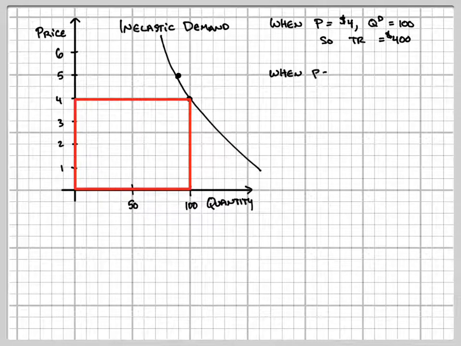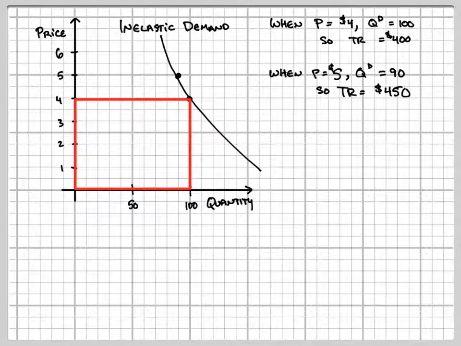When P is 5, quantity demanded is 90. So total revenue is equal to $450. So price went up, and because the price increase was larger in percentage terms than the quantity demanded decrease, we had a rise in total revenue.